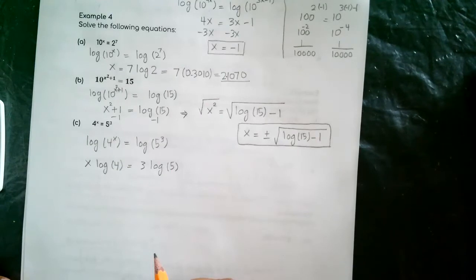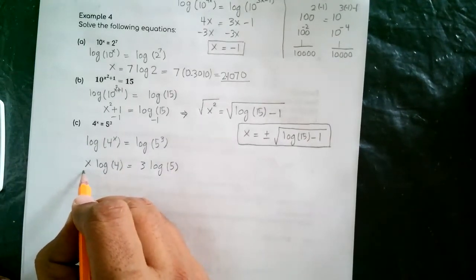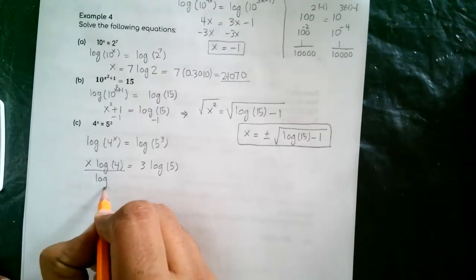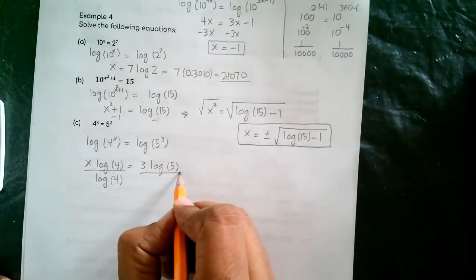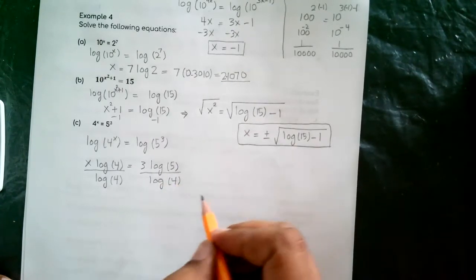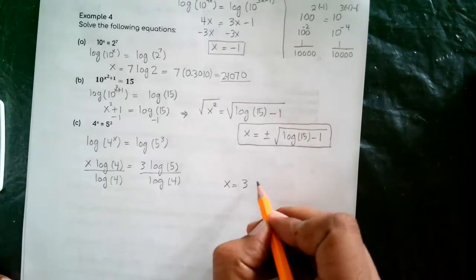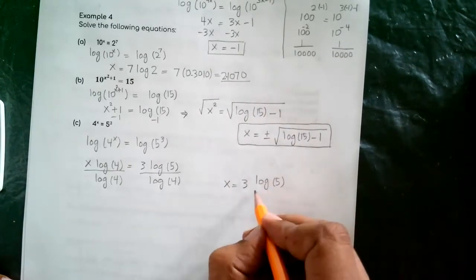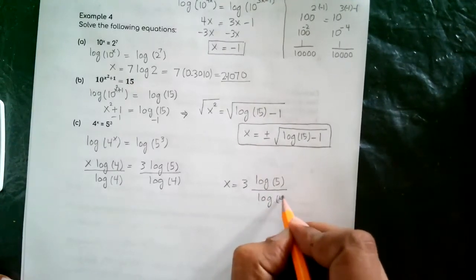Okay. Now you need to get rid of log of 4 from both sides. So you divide both sides with log of 4, so that you get x is equal to 3 log of 5 divided by log of 4.